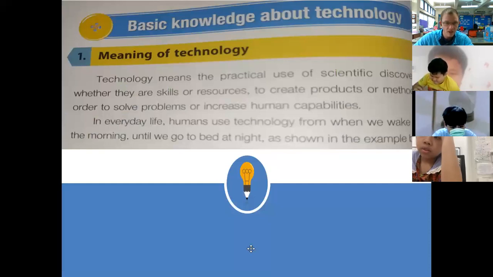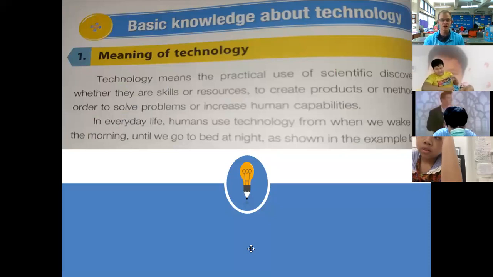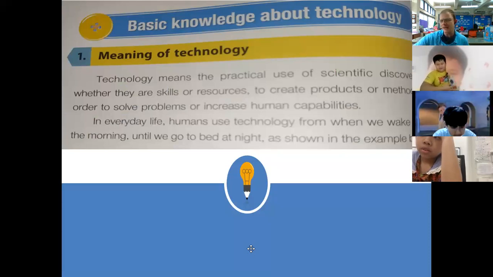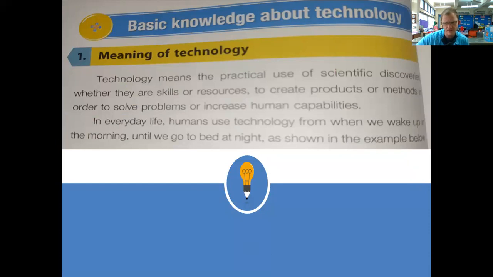Okay. So the basic knowledge about technology is what we're going to start off with today. Now, what is the meaning of technology? Let's quickly have a look. Technology means the practical use of scientific discoveries, whether they are skills or resources, to create products or methods in order to solve problems or increase human capabilities.